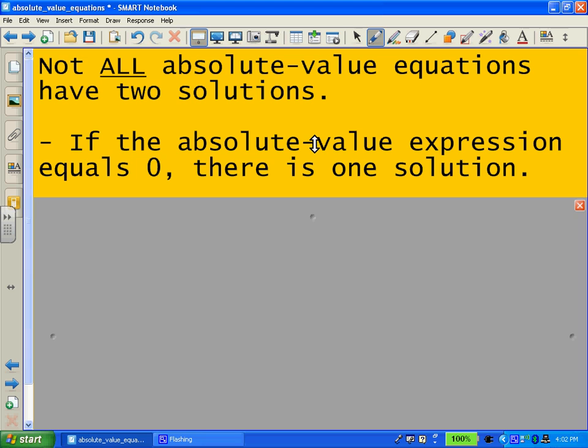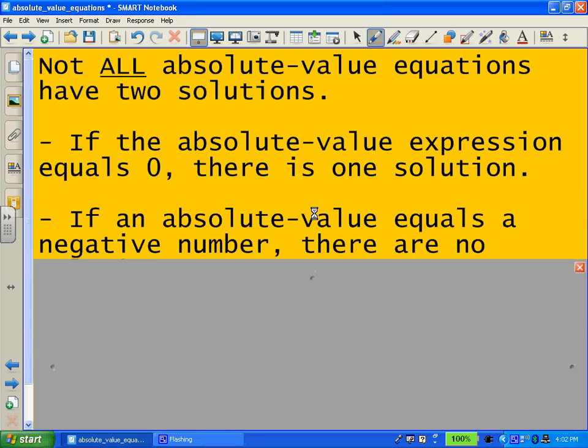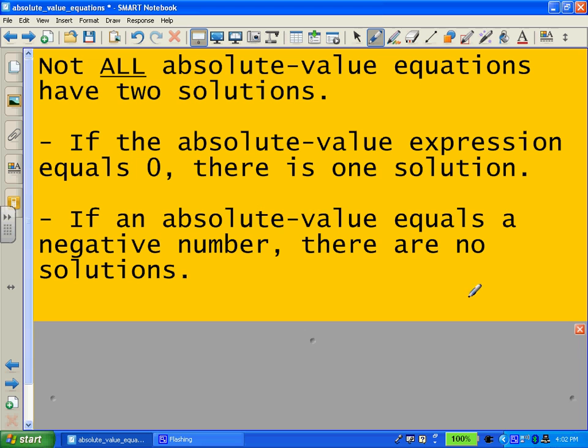First of all, if your absolute value expression equals 0, there can only be one solution. And this makes sense because if you think about the two cases thing, we do a positive answer and a negative answer. Well, if the answer is 0, then you can't really have positive 0 and negative 0. There's no such thing. Okay, so there would just be one case on those types.